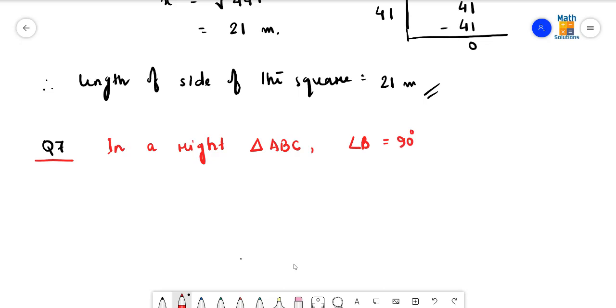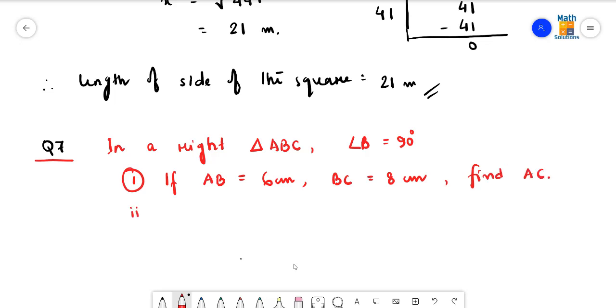Under this, Roman 1: if AB is equal to 6 cm, BC is equal to 8 cm, then find AC.